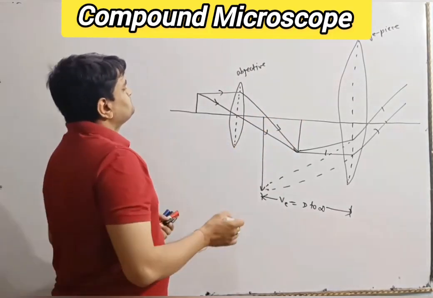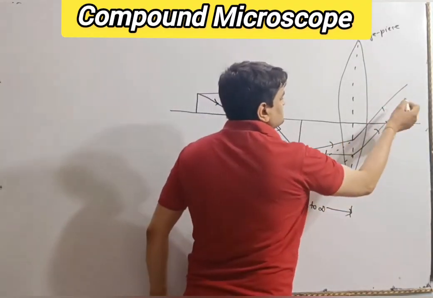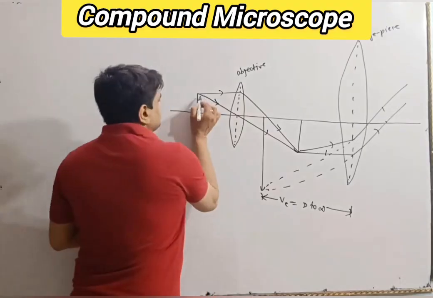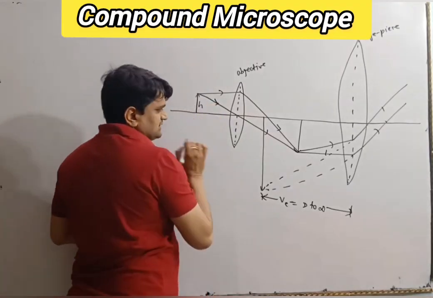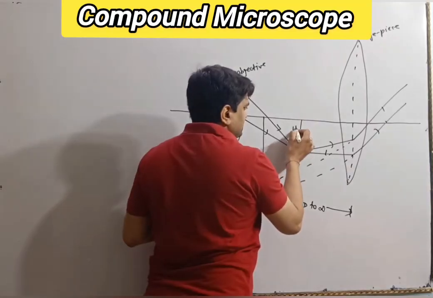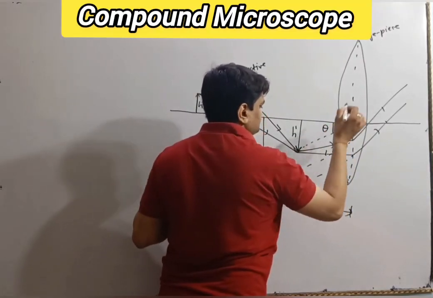Okay, just now. This is the object, that means it is H, and this is the image, first image. Say it H dash and make this as a theta.